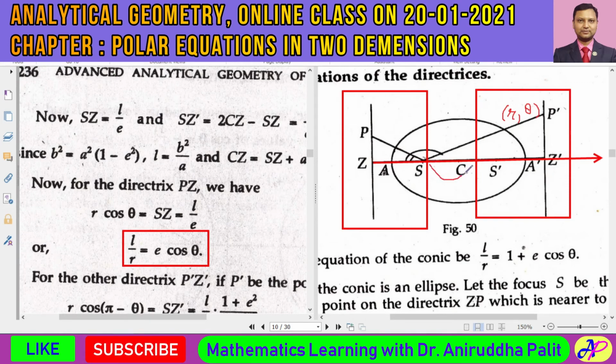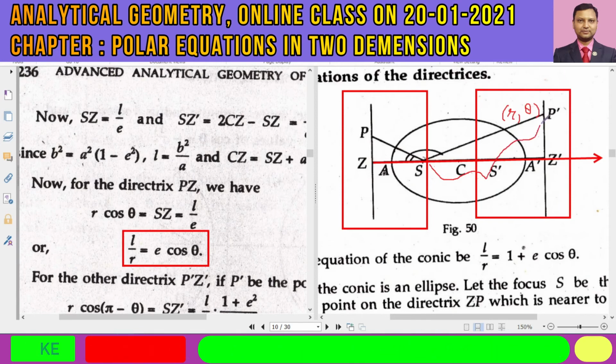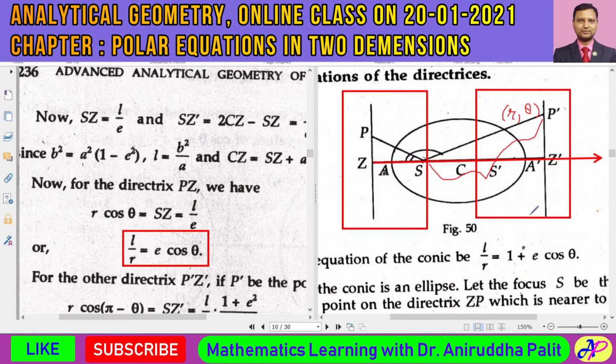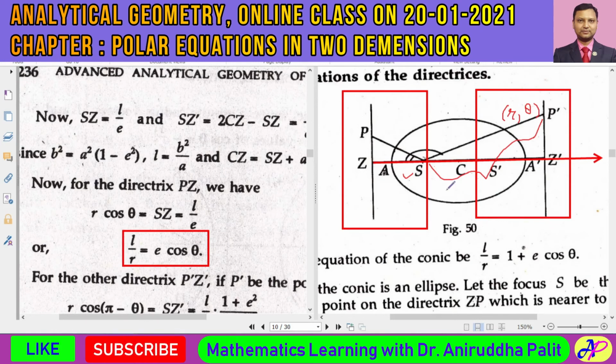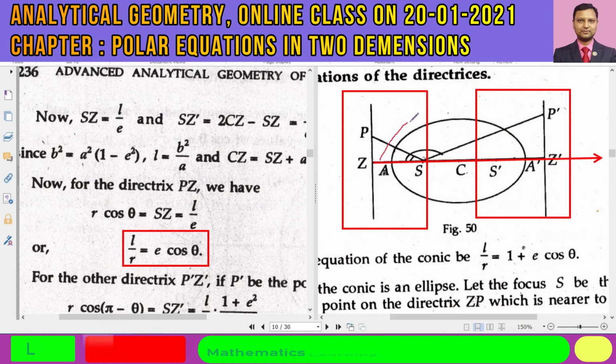This much distance would be equal to the radius vector R. Everything has to be measured from the focus. The radius vector is always measured from the focus. Therefore, this much length from S to P prime has to be equal to R.